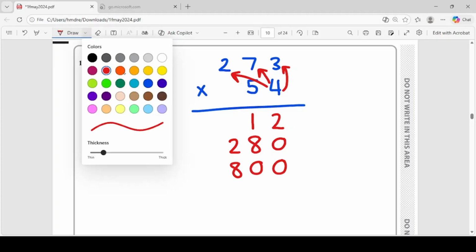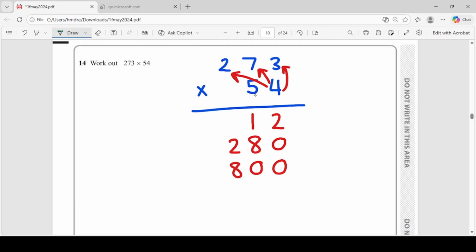Then I'm going to get a different color here, and I'm going to switch to this 5. Okay, so this is a 50. So I'm going to go 50 times 3, so add my 0 first. 5 times 3 is 15.